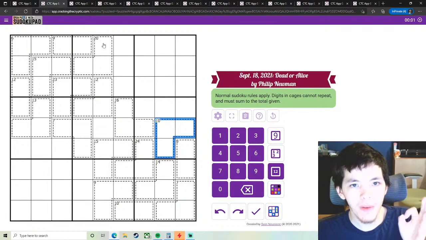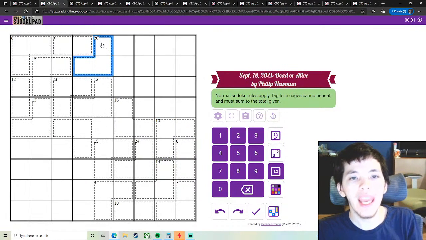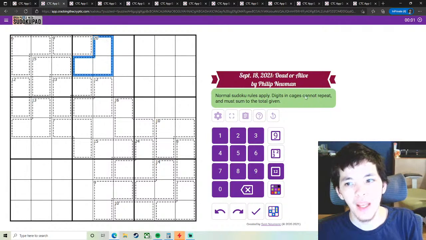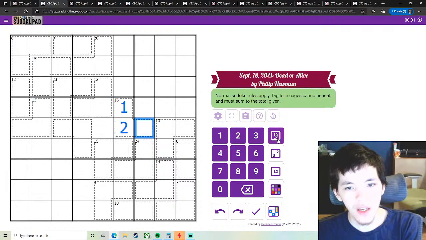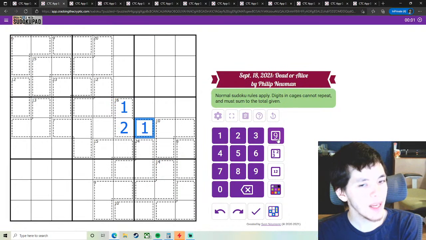And the most common form is this one, where the cage refers to a sum inside of it. And sometimes it'll let you know that digits cannot repeat in a cage. Sometimes with a cage that goes between 2 grids, you could put a 1 and a 1, because it doesn't break the rule, if that makes sense.